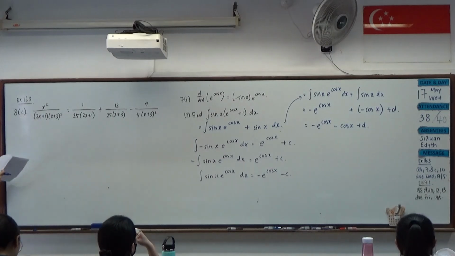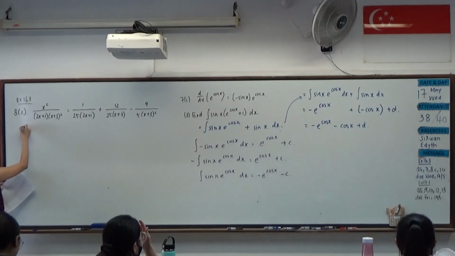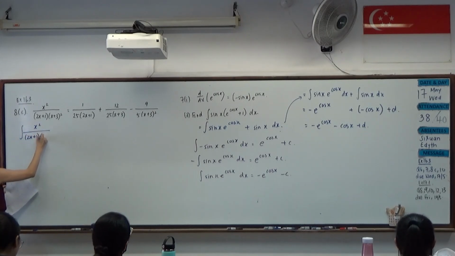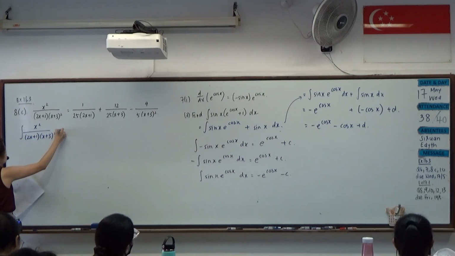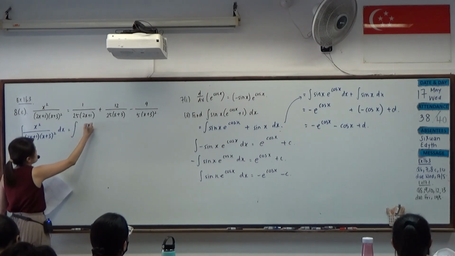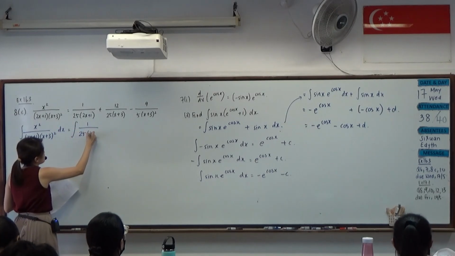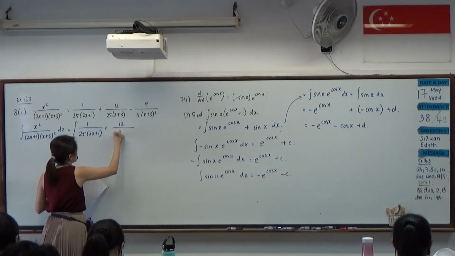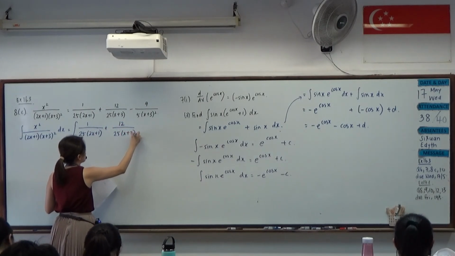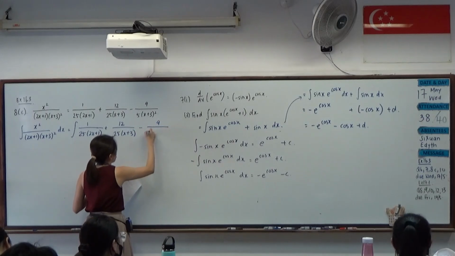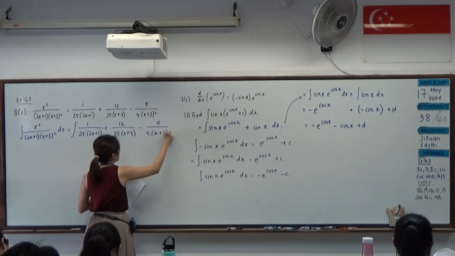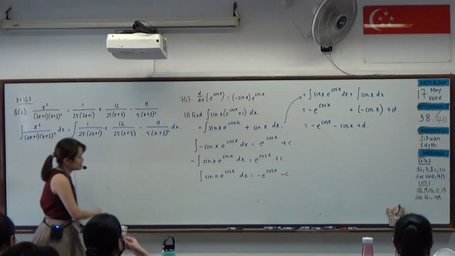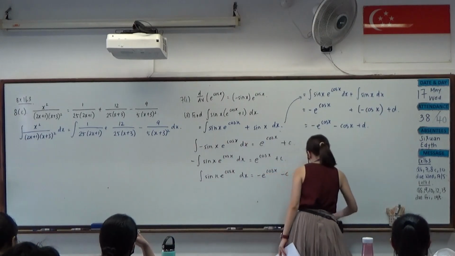In order to integrate x squared over 2x plus 1, x plus 3 squared, we are looking at integrating the partial fractions. So it is individual fractions.